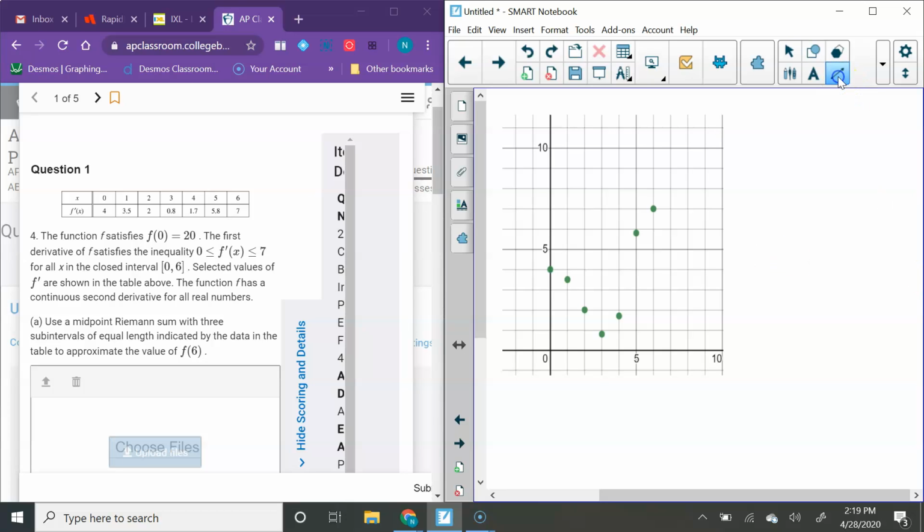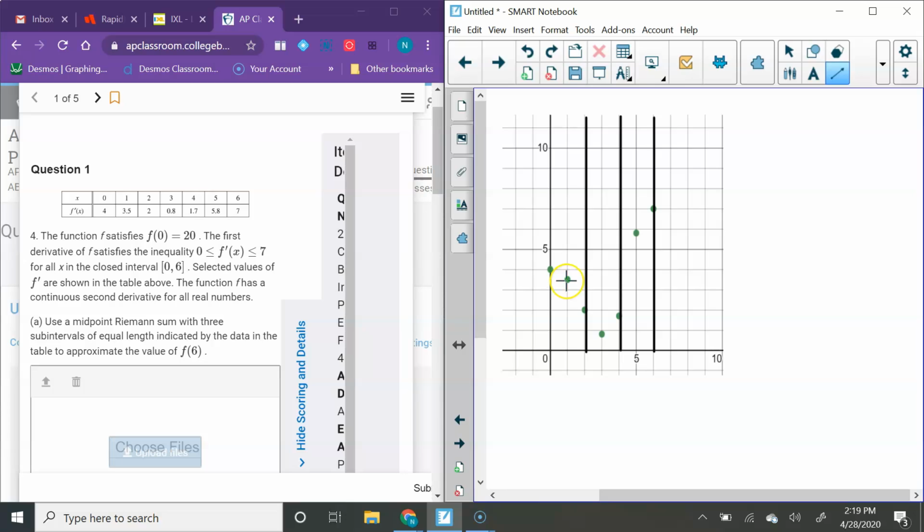Let me draw better lines here. So, right here at 2, right here at 4, and then again here at 6, that's where we're going to make our rectangles, and we're going to use the midpoint.